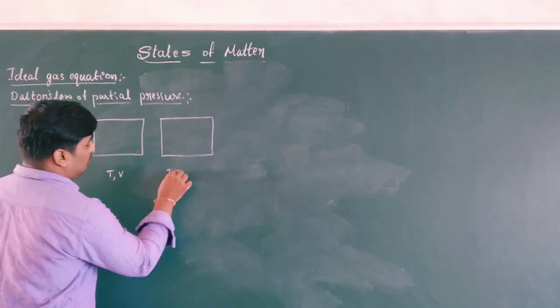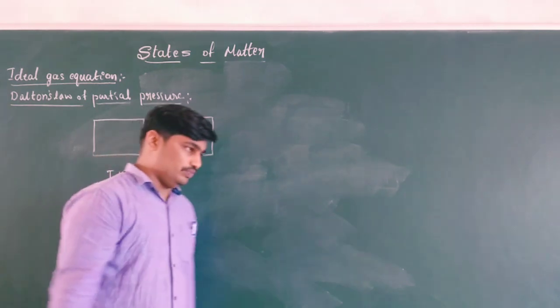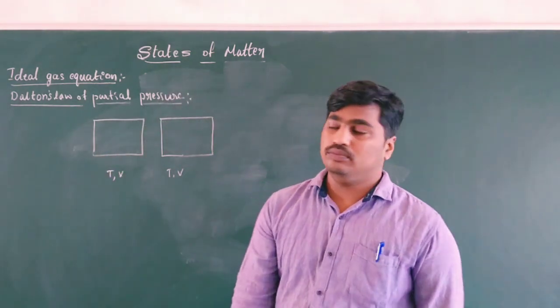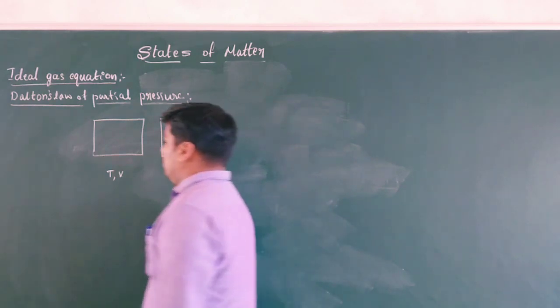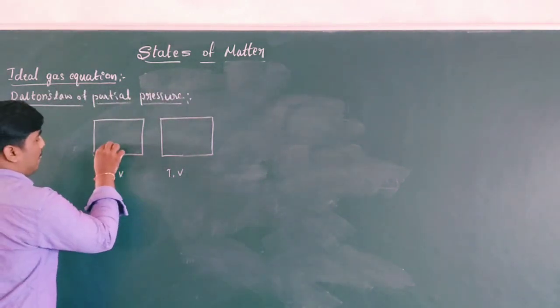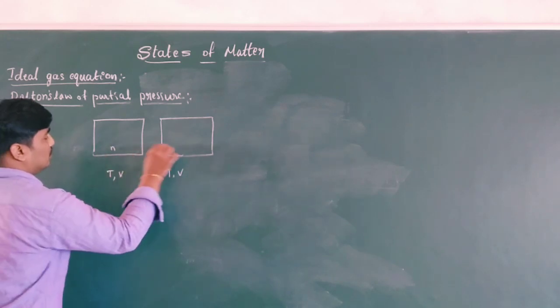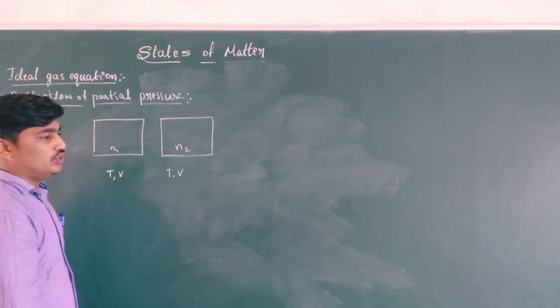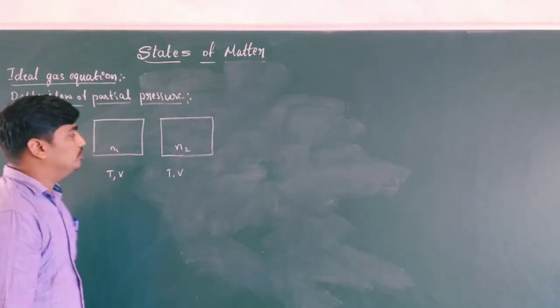At a constant temperature, both cases have the same temperature, so the volume also becomes the same. At constant temperature and volume, one system contains n1 amount of a gas, and the other contains n2 amount of a gas.